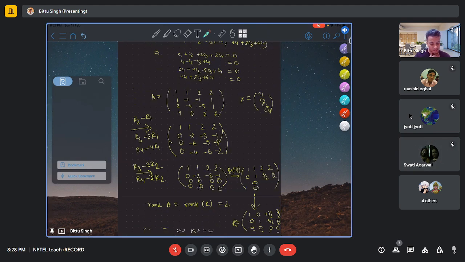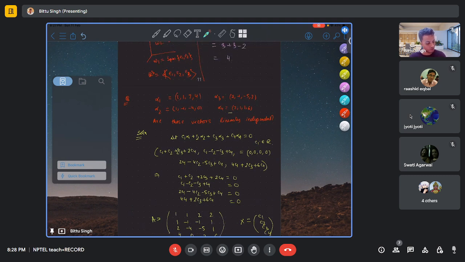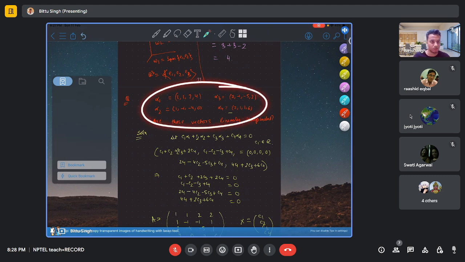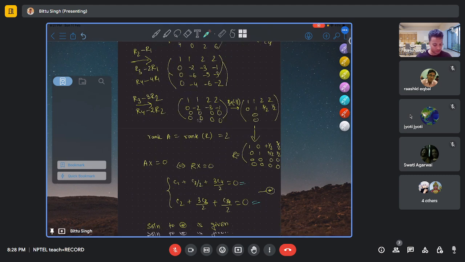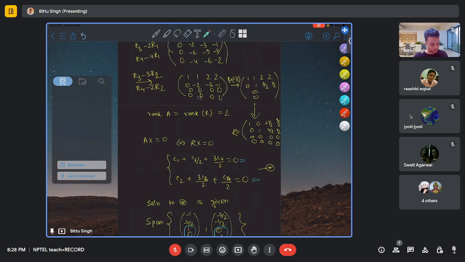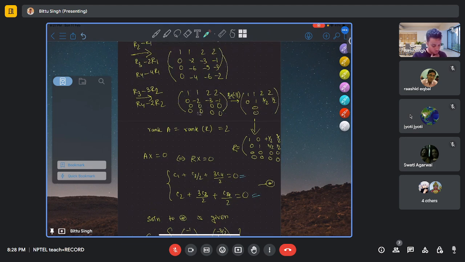So now you can see that those four elements are not linearly independent, because you have already arrived at the conclusion from this.